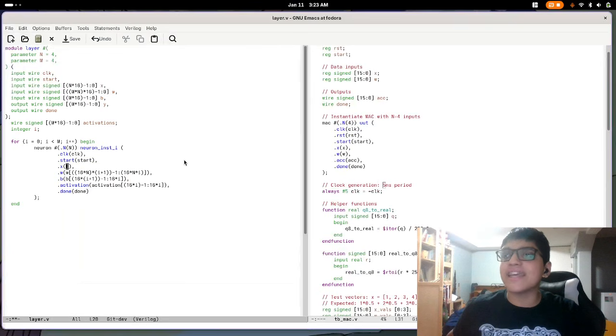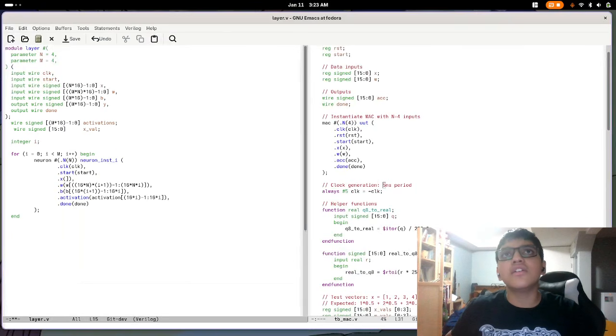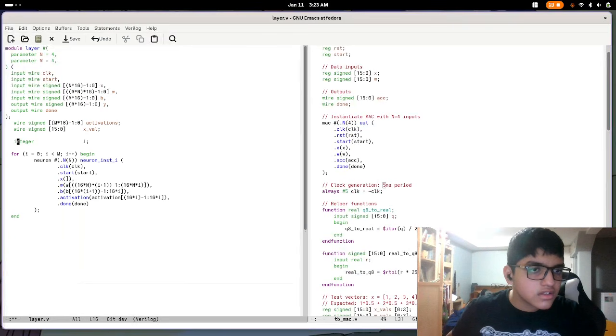Each neuron gets the same inputs at the same time. So we can add another wire, signed [15:0] x_val. Indentation is weird.